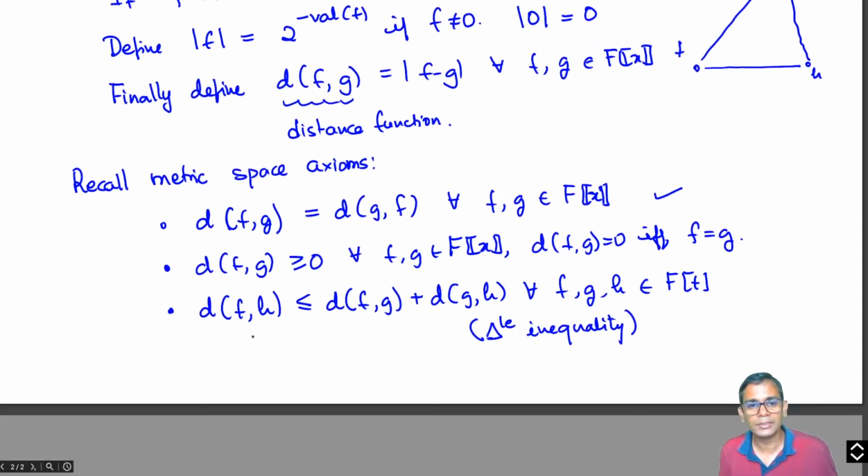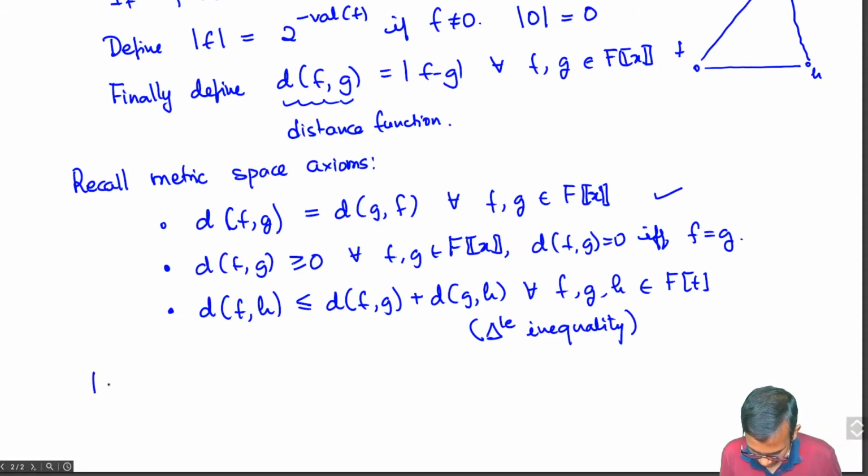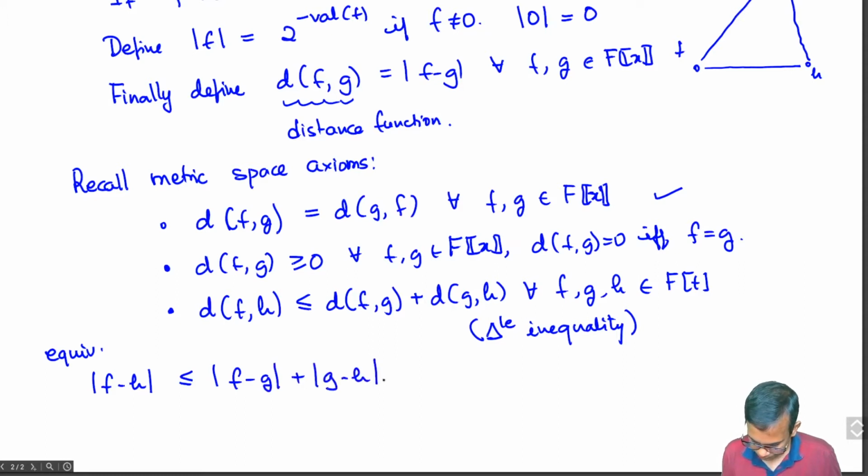Now let's see what this triangle inequality means in terms of the norm. So here the left hand side, the norm of f minus h, is less than or equal to the norm of f minus g plus the norm of g minus h. Now note that if I take f minus g plus g minus h, then they add up to f minus h.